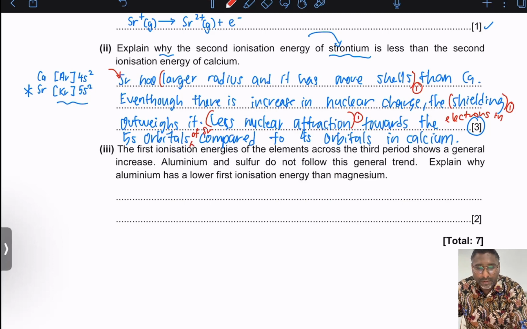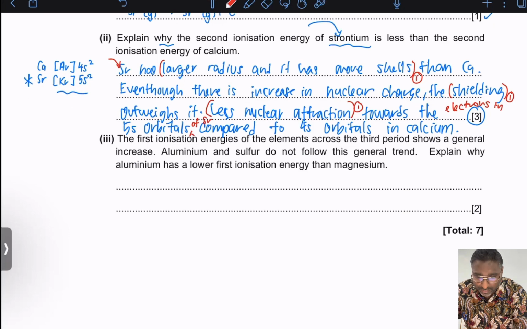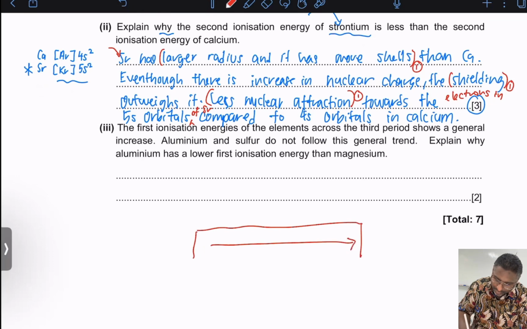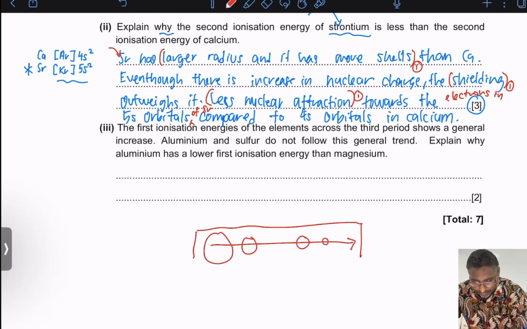Now, next: the first ionization energy of elements across the third period shows a general increase. I think we have already learned this one. If you have a periodic table, generally when you go across the periodic table, the radius becomes smaller. Now, aluminium and sulfur do not follow this general trend.